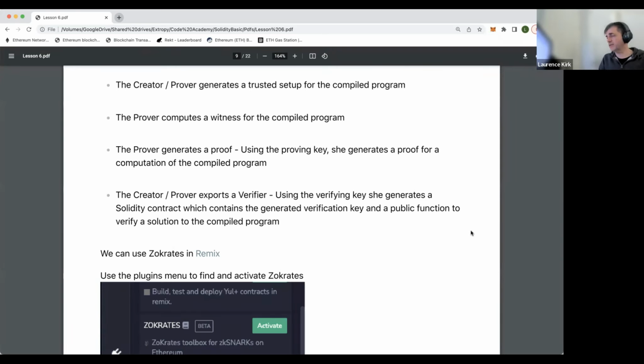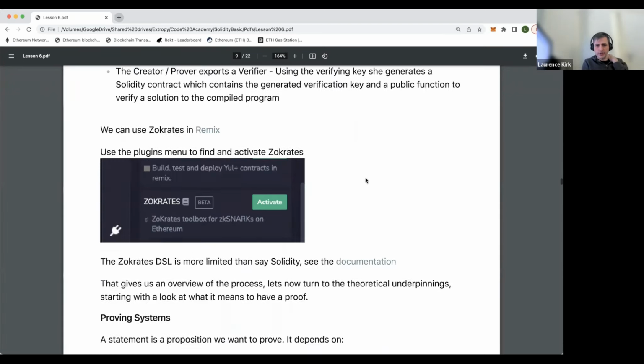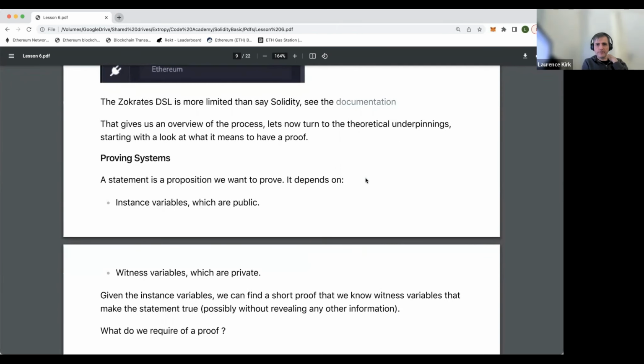So this is a great project. When it first came out, it was really the first practical way to do zero-knowledge proofs on Ethereum. So there's a lot of excitement about this, and it's worth having a play with that if you're interested in trying it out.